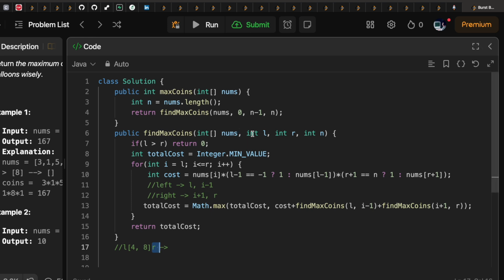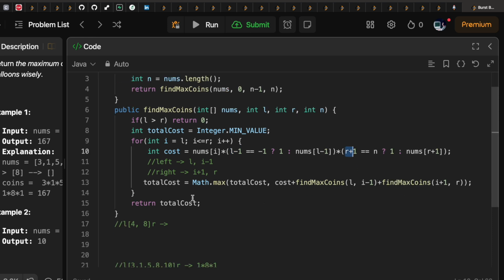So we pass 0 and n minus 1, and suppose our I reaches 1, we take 8, and on the left of the 8 we have nothing, on the right we have nothing.